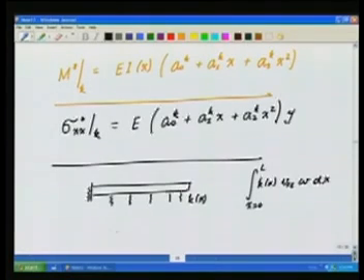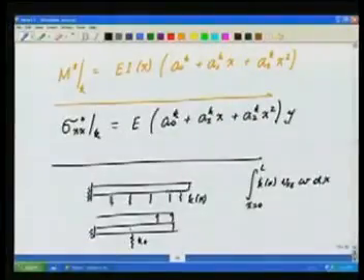I could have my member supported by one spring, then at this point I have to ensure that I have a node, and at this point I simply take care of this by adding k naught to the stiffness, to the diagonal entry corresponding to the displacement at this node.